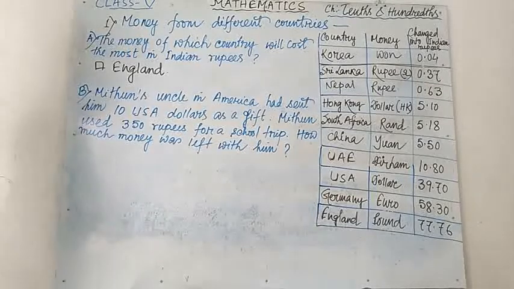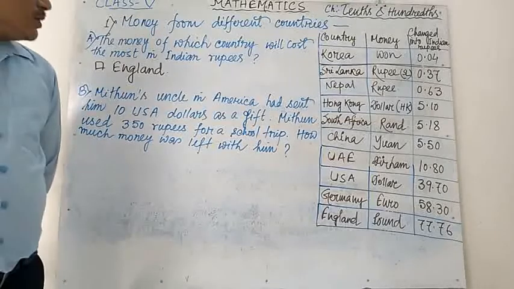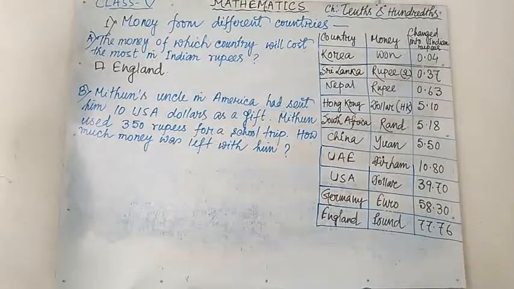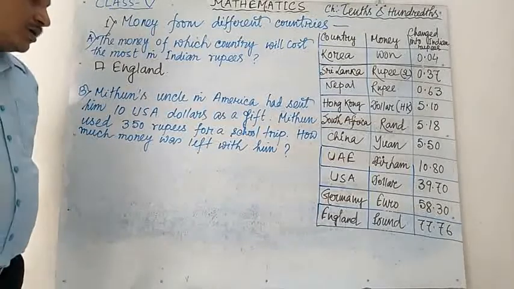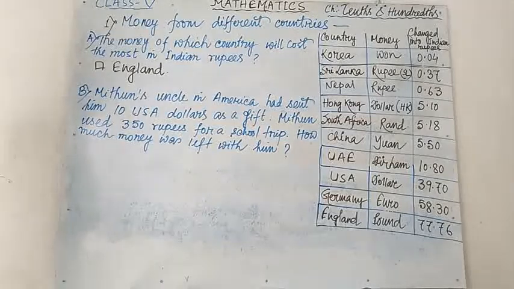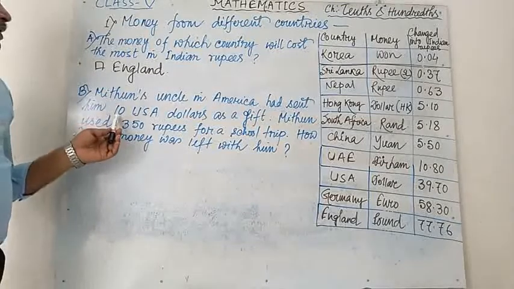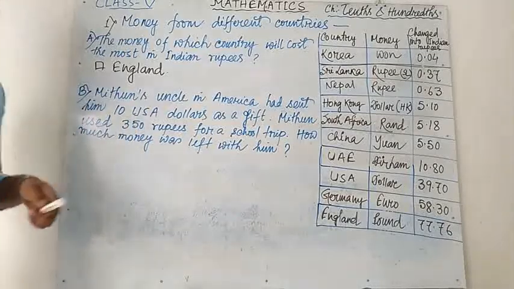Mithun used 350 rupees for a school trip. How much money was left with him? So we have to find out the equivalent Indian rupees of 10 USA dollars.